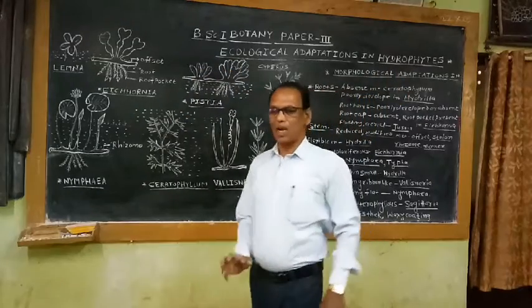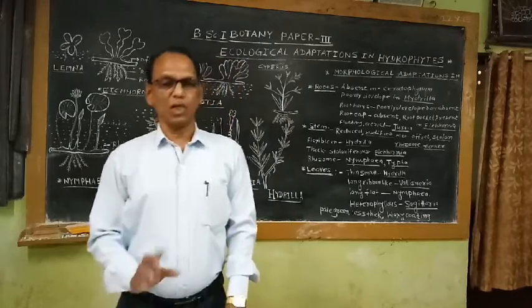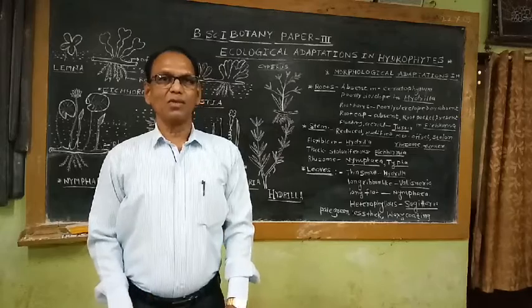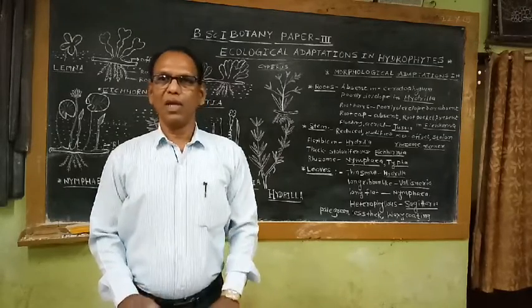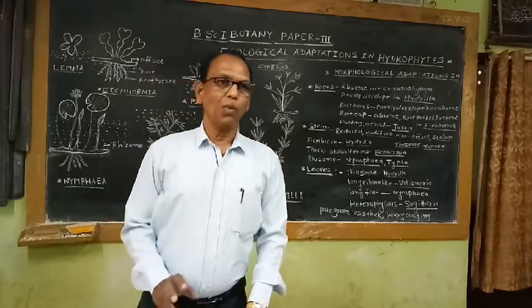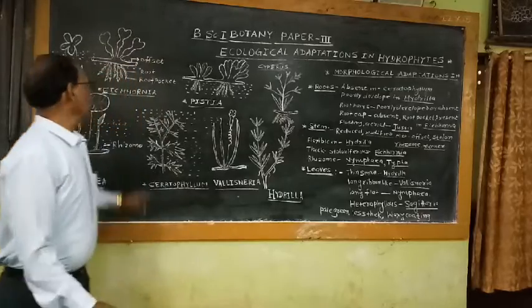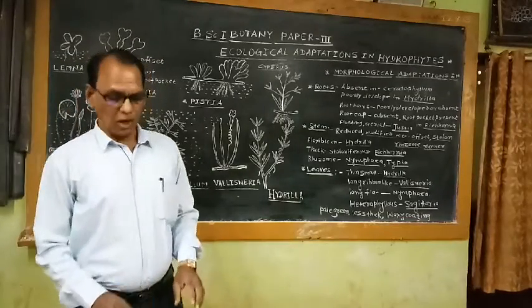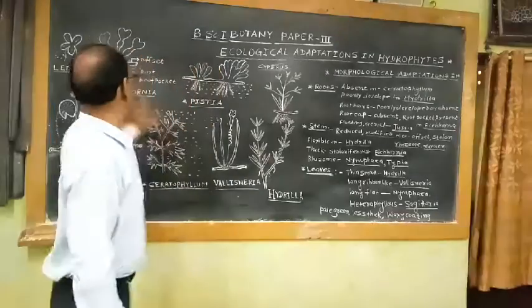So these hydrophytic plants are further classified into three major groups on the basis of the relation of these plants with aquatic conditions and aerial conditions. The first group of hydrophyte is commonly called free-floating hydrophytes. In these, the plant body floats freely on the surface of water.